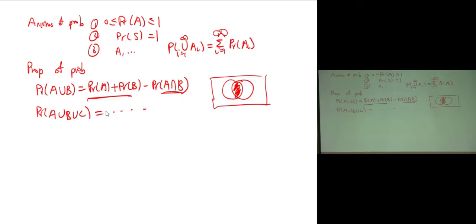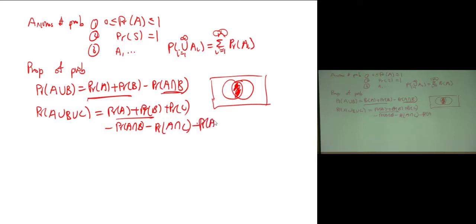It involves A, B, C, then you have to subtract the overcounting: minus probability of A intersect B, minus probability of A intersect C, minus probability of B intersect C. But unfortunately, once you do this, you subtract too many. So you have to add back A intersect B intersect C. This can be repeated for 4 events and so on.